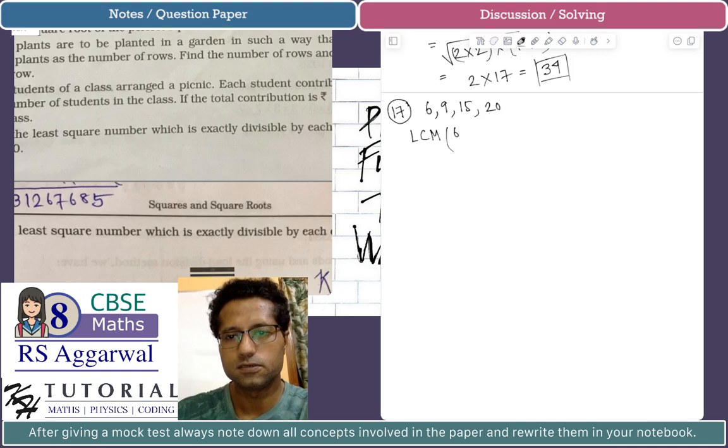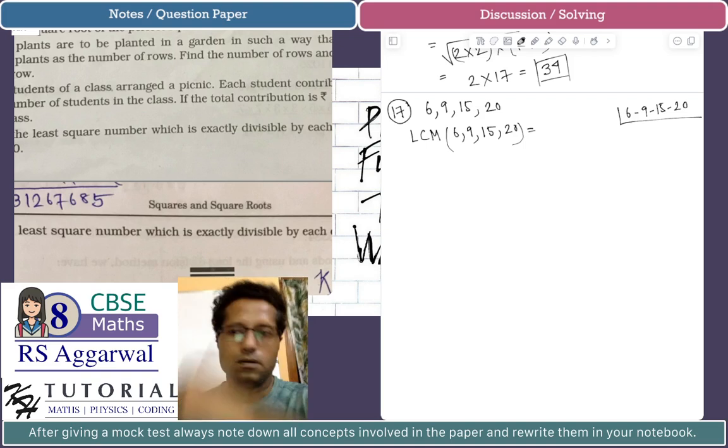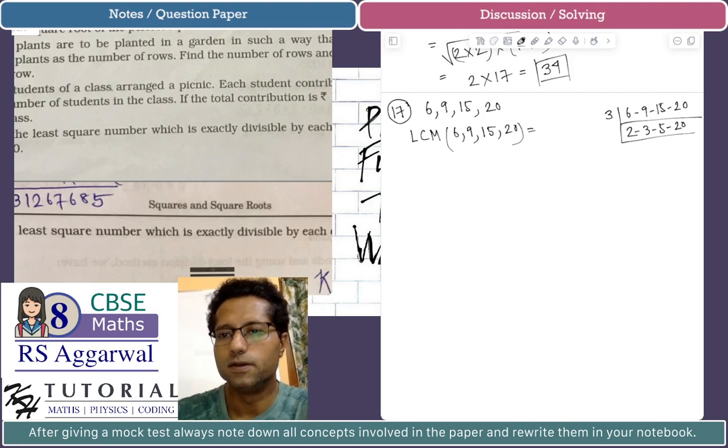The LCM of 6, 9, 15 and 20. Let's find it by dividing. Dividing by 2: 3, 9, 15, 10. Dividing by 3: 1, 3, 5, 10.